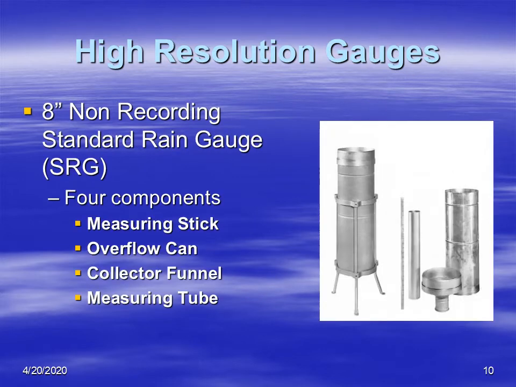So the high resolution rain gauge, the 8-inch non-recording standard rain gauge, is made of 4 parts. There's the measuring stick, which has more or less the display or the scale. The overflow can, which is the bigger can. The collector funnel, which is the actual funnel. And then finally, the measuring tube, which is the smaller area tube.